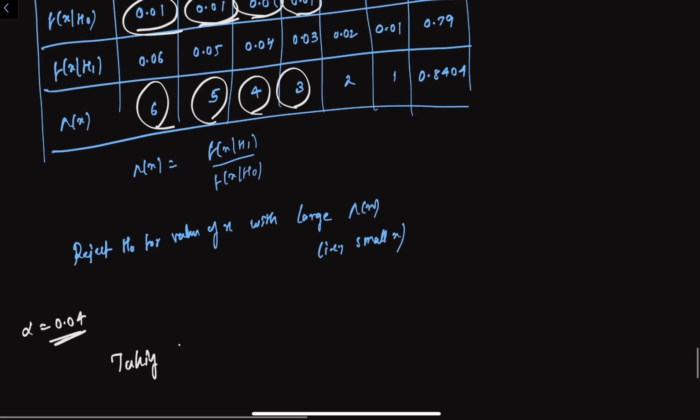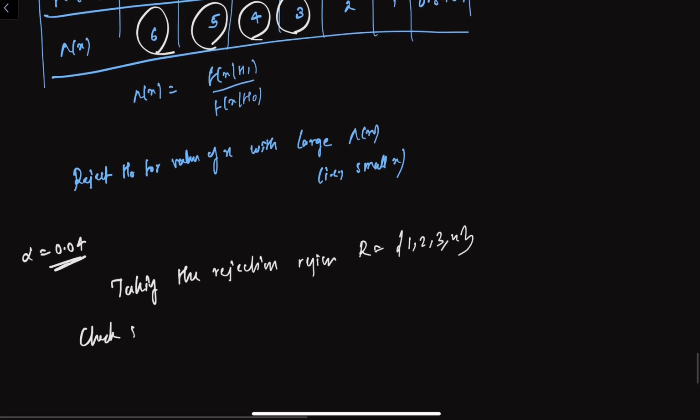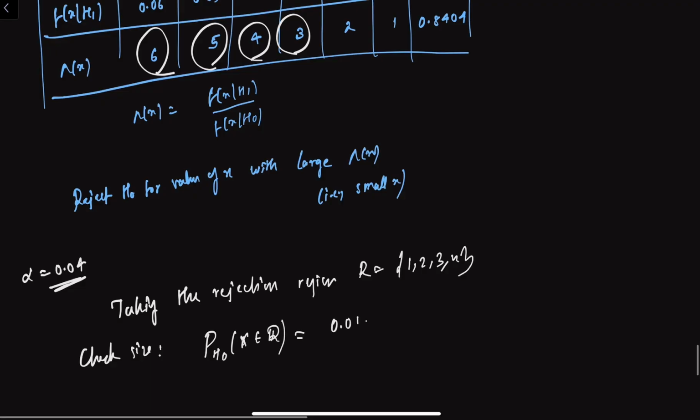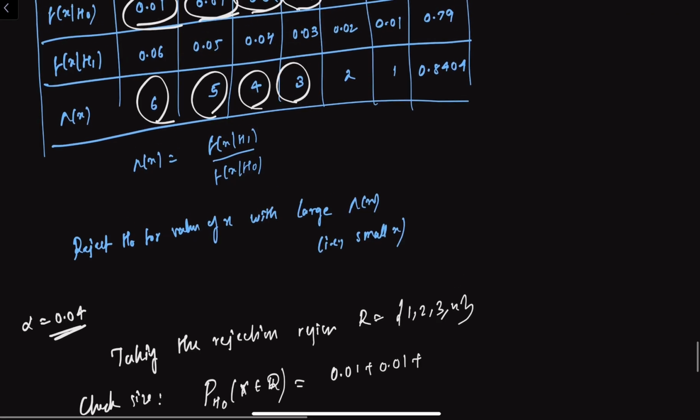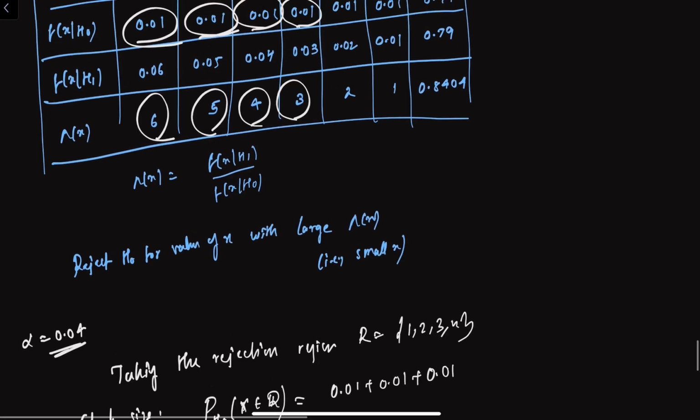So taking the rejection region R as 1, 2, 3, 4, if we check its size, the probability under H0 that X belongs to this rejection region R is 0.01 plus 0.01 plus 0.01 plus 0.01, which is 0.04, which is exactly the allowed size.